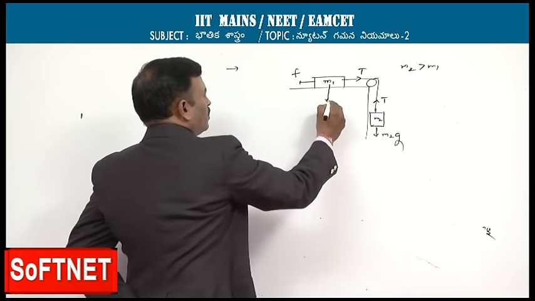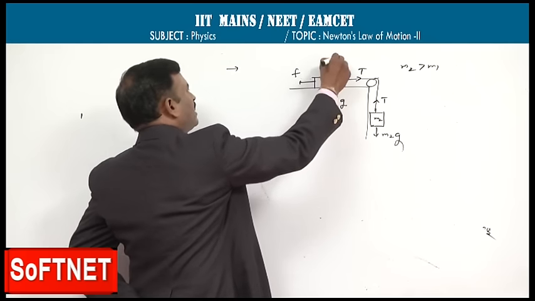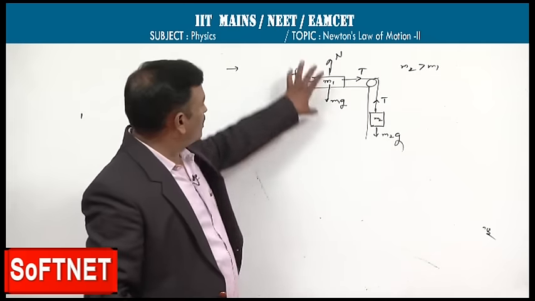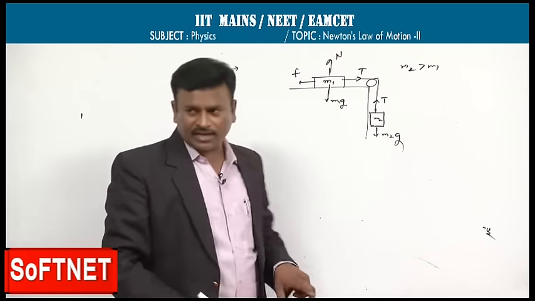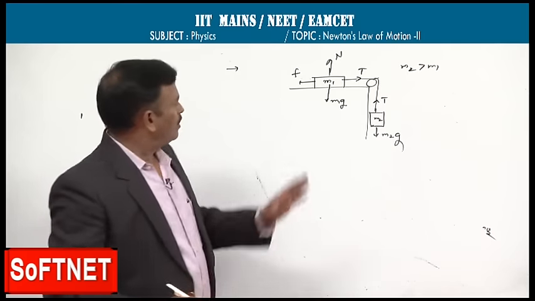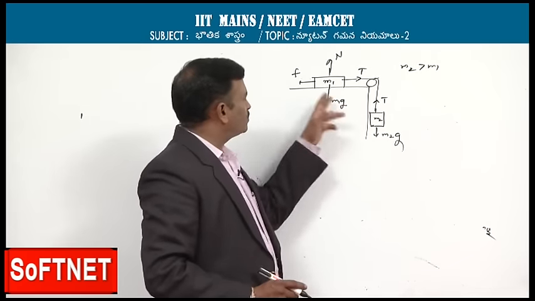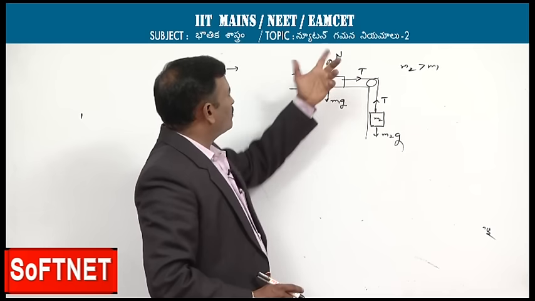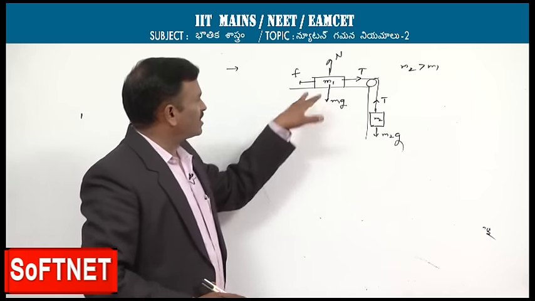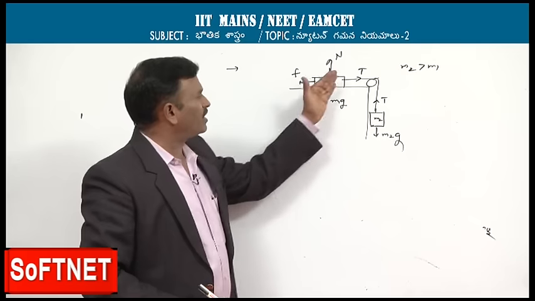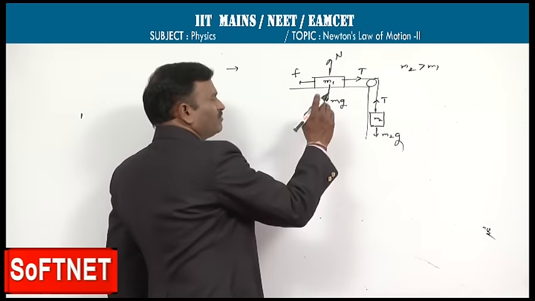As you know, m1g and the normal reaction get cancelled, so the effective force in the vertical direction is 0. Only the horizontal direction resultant force will exist.